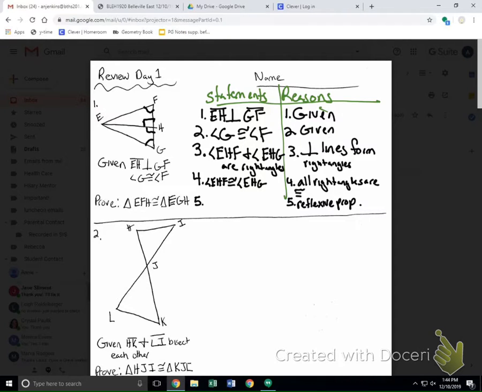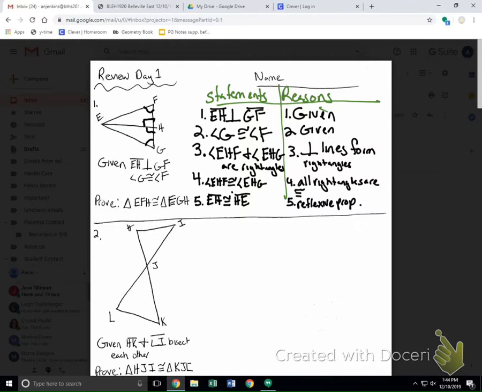Okay, let's go, Jack. Line EH. EH is congruent to HE. So remember, if it is a shared side between two triangles, you're always using the reflexive property, saying that side is congruent to itself because it's in both of them. And I know you know that.